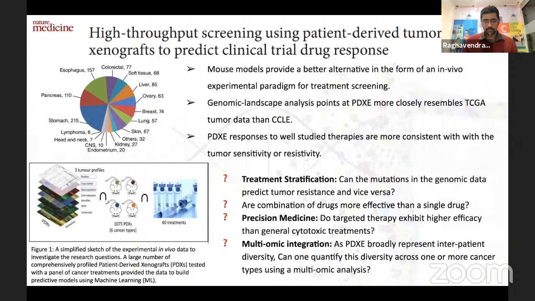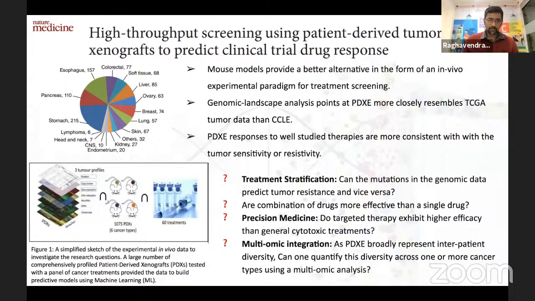This paper is about tumor cells that are grafted into mouse models to study tumor responses to different treatment regimes. What they did was they extracted the tumor cells from cancer patients, and then they sequenced them. From the sequence, they profiled the gene expression levels, the gene mutation levels, and the copy number variation levels.